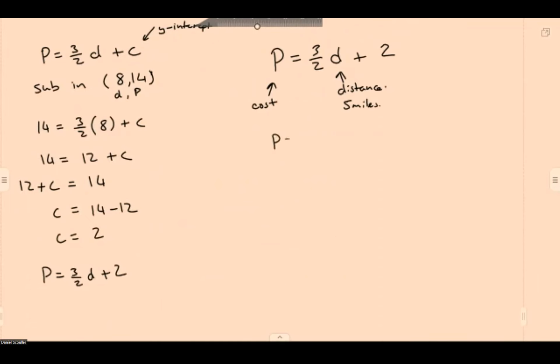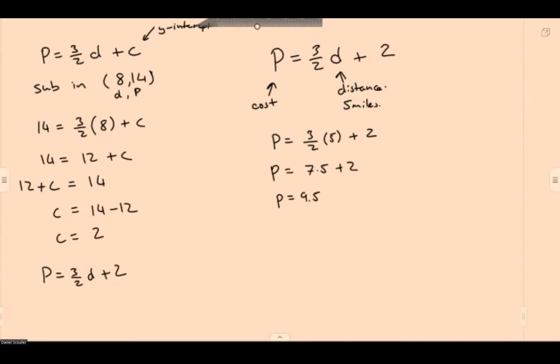So P is equal to 3 over 2 times 5, plus 2. 3 times 5 is 15, divided by 2 is 7.5, plus 2, P is equal to 9.5.